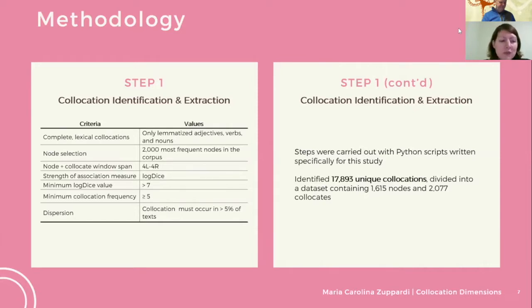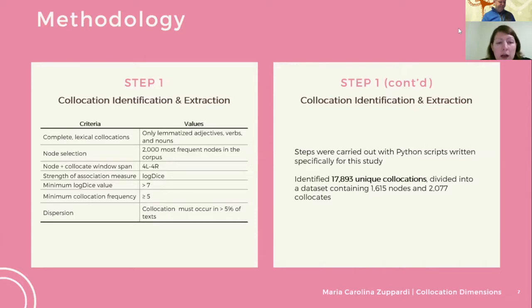So I can still have exclusivity without having too much or too little collocation. My minimum log dice value was 7, minimum collocation frequency was 5, and for dispersion, it must occur in at least 5% of the texts.